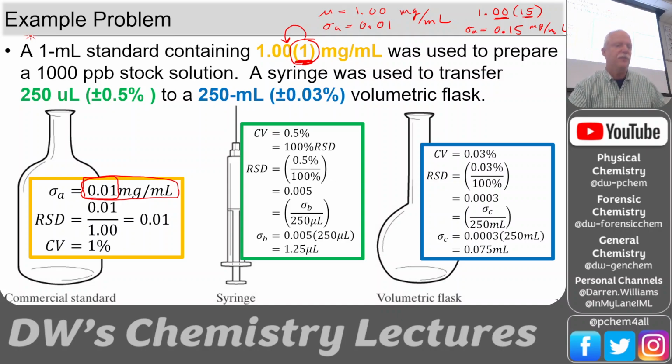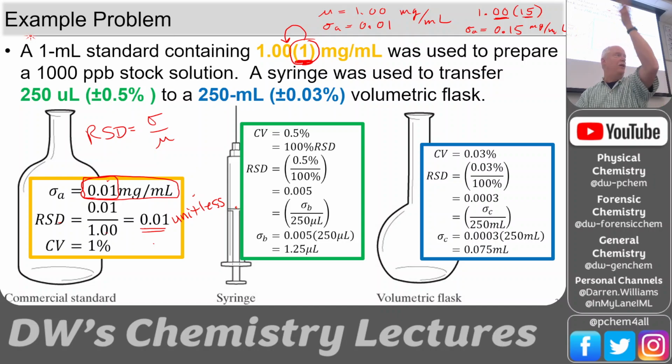So now just for grins, I calculate the RSD for that. So here's our RSD, the relative standard deviation. I've never written out the equation maybe, so okay, RSD is equal to sigma over mu. And so here we have 0.01 for our sigma and 1.00 for mu. So this is our relative standard deviation, and it's always unitless because the units cancel: 0.01 milligrams per mil over 1 milligram per mil.